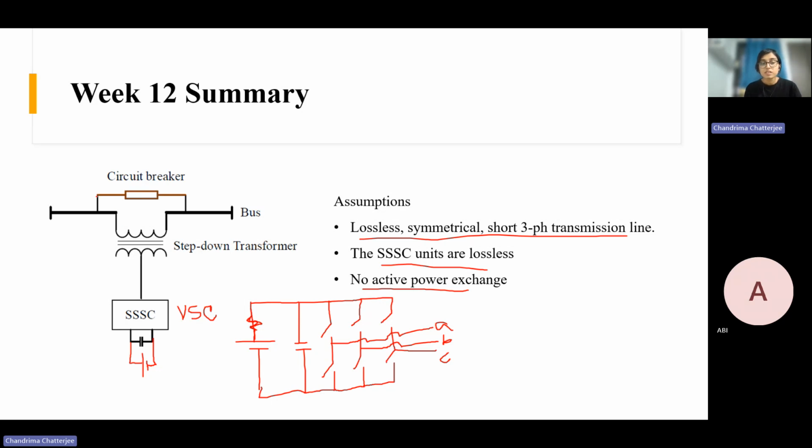In that case, we can close this circuit breaker. When the circuit breaker closes, it bypasses the whole thing, because it provides an alternate path for the current. So the SSSC is getting bypassed. That's how it can protect the SSSC in faulty condition.